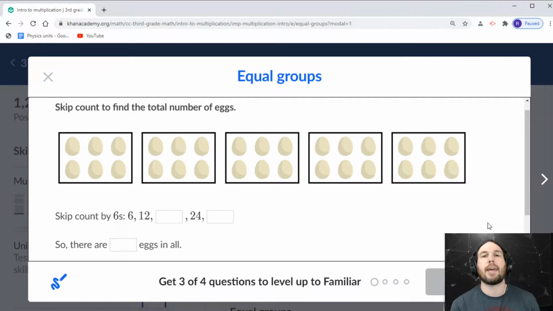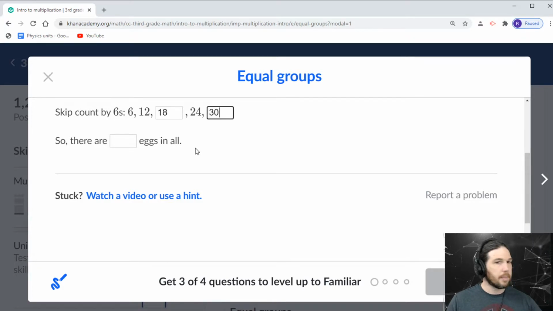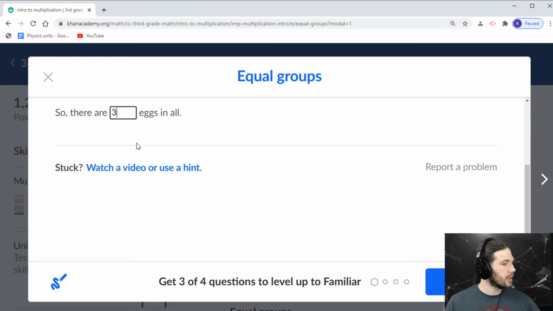If you skip count and you practice counting by 5s and 6s and 7s and 8s, then the multiplication becomes easy. Theoretically. Now, I don't know how this works in practice because I just memorized the times tables and that's kind of how I got to where I'm at. So I know that it is 6, 12, 18, 24, 30. So there are 30 eggs in all.